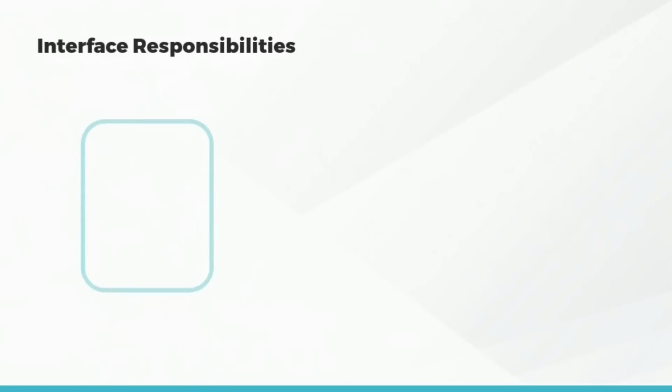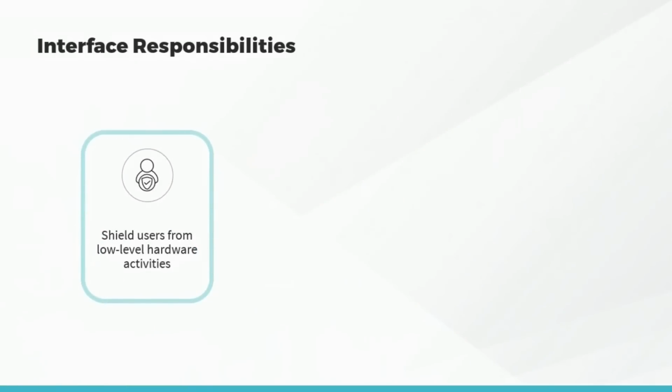This approach of using an interface also shields us as users from low-level hardware activities, meaning that the applications we use have no direct access to hardware. Calls are made from the application, such as when we click on the print button, but that call is then intercepted and processed by the operating system and its associated drivers, so that applications can't interfere with each other in terms of requesting access to any type of hardware.